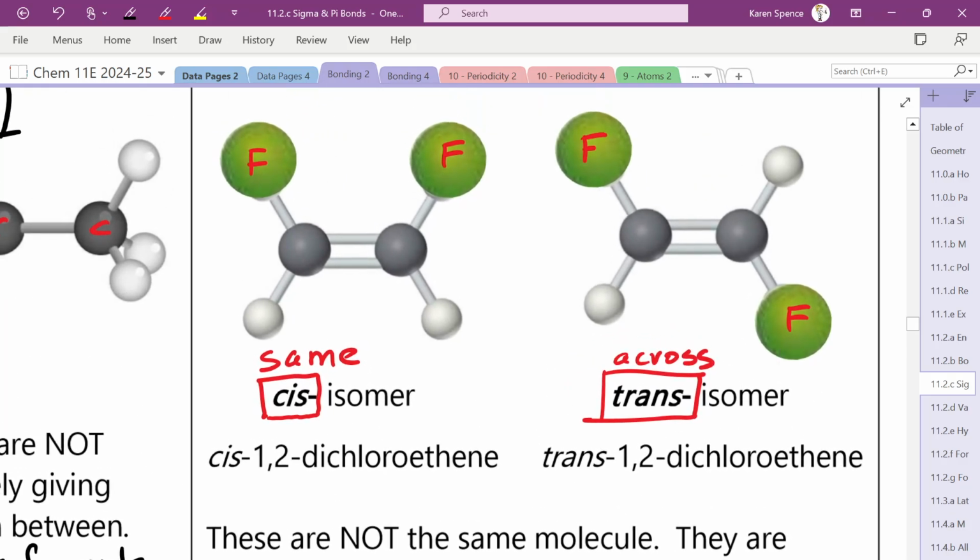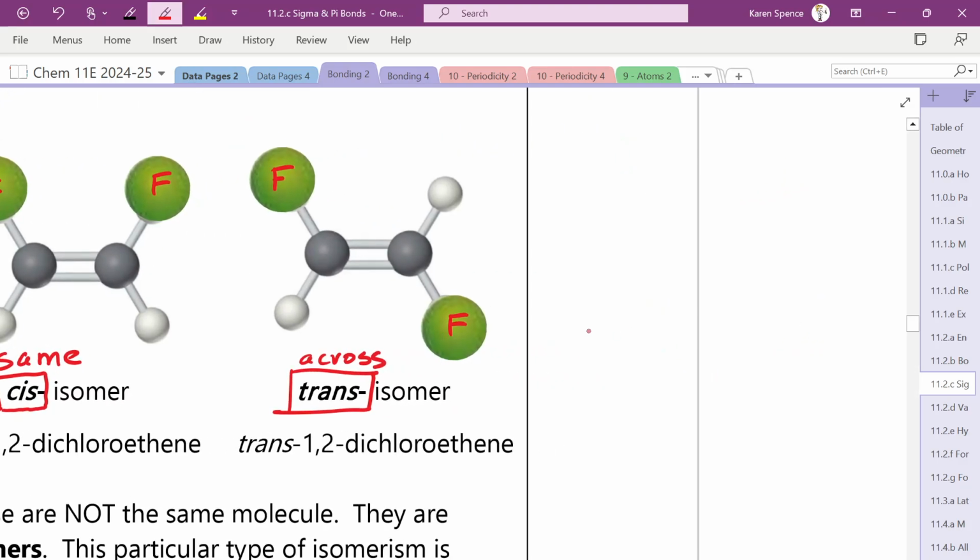But at any rate, this kind of isomer is called a cis trans isomer, and it only occurs when you have a double bond. It's not going to occur when you have a triple bond, because why won't you have it when you have a triple bond? Because a triple bond gives you what molecular geometry? Linear geometry, whereas this one, what's our geometry here?